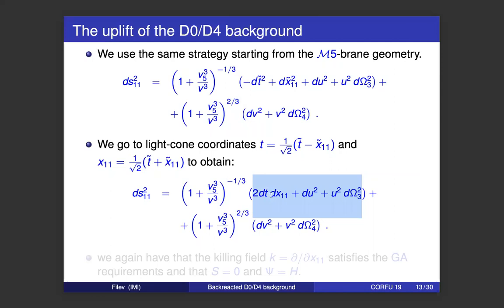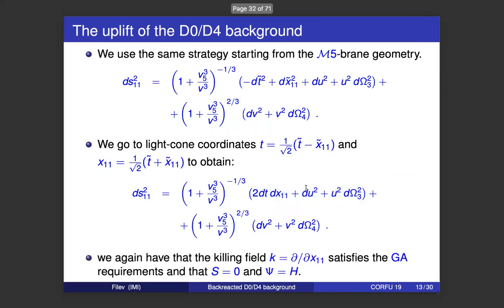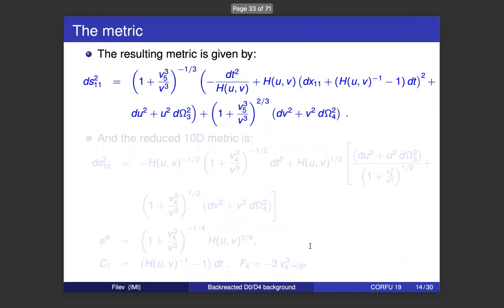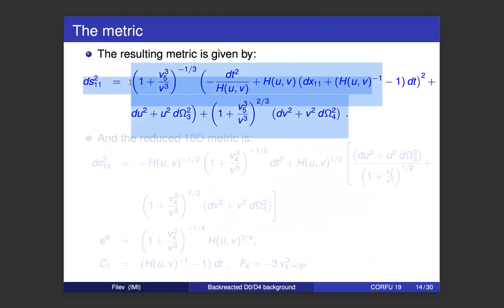Then we say, okay, how about checking if that satisfies the GA requirements? It does, clearly. You do the transformation. You arrive at that. And that's it. This is the background that we need. So this is the background that is the 11-dimensional uplift of the D0, D4 system.